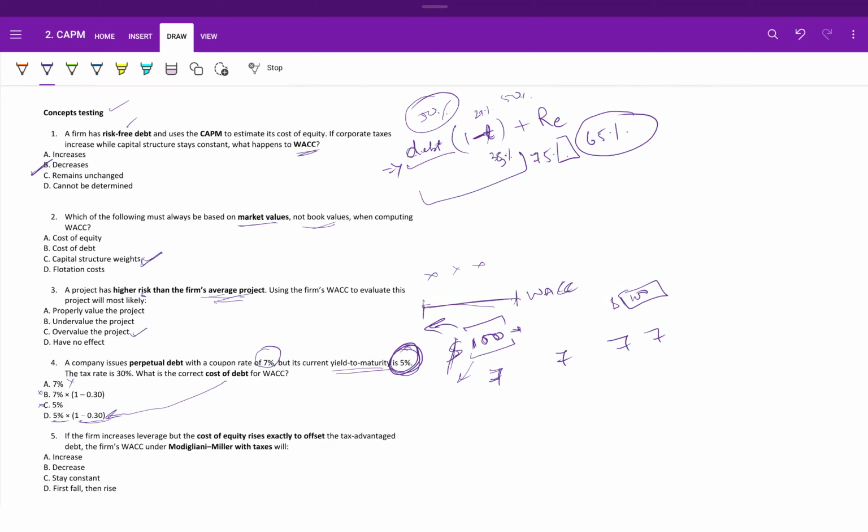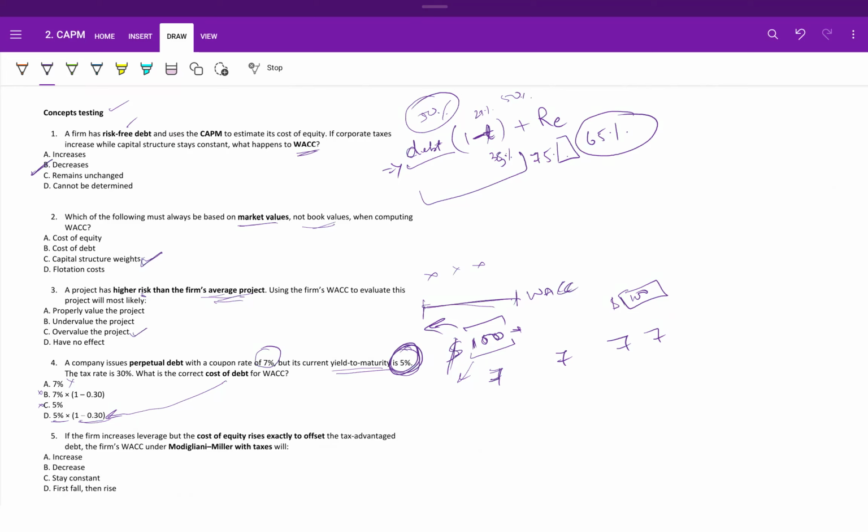All right, so question number five is: if the firm increases leverage, but the cost of equity rises exactly to offset the tax advantage of debt, the firm's weighted average cost of capital under Modigliani Miller with taxes will be?